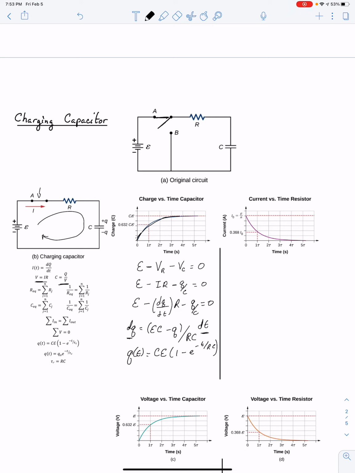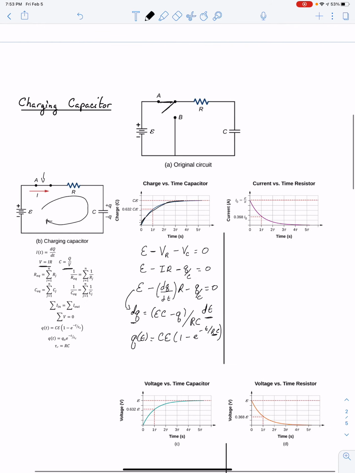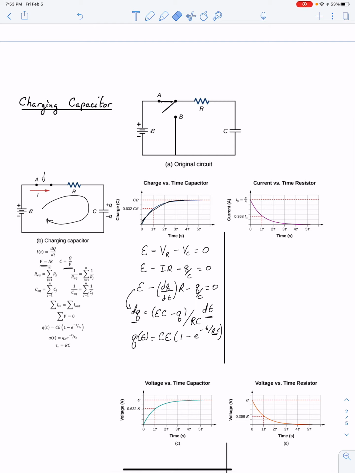I remember one of you asked me where this RC comes from. It's this mathematical equation as we start changing the change in charge over the change in time, which is electric current. And this is how we get to that point. Okay? Now, RC can also be rewritten as tau.